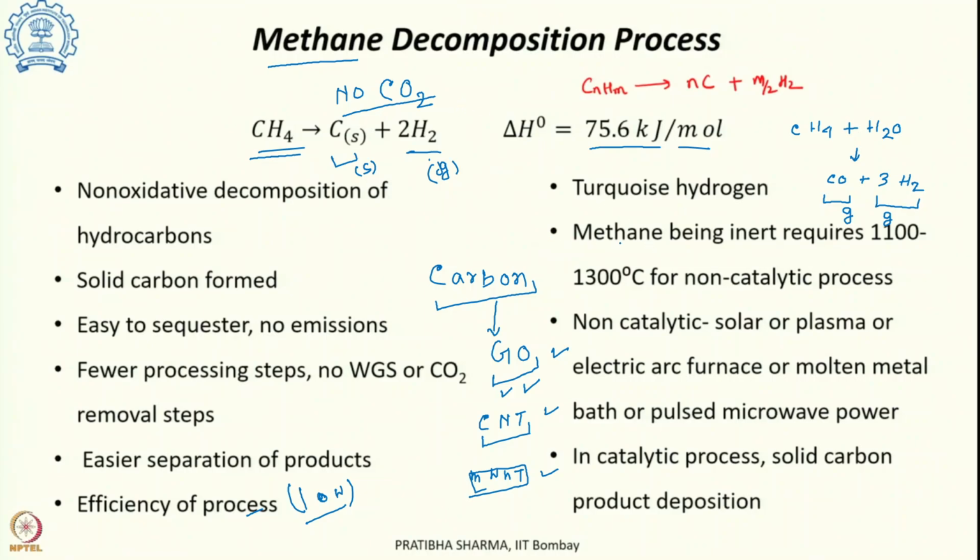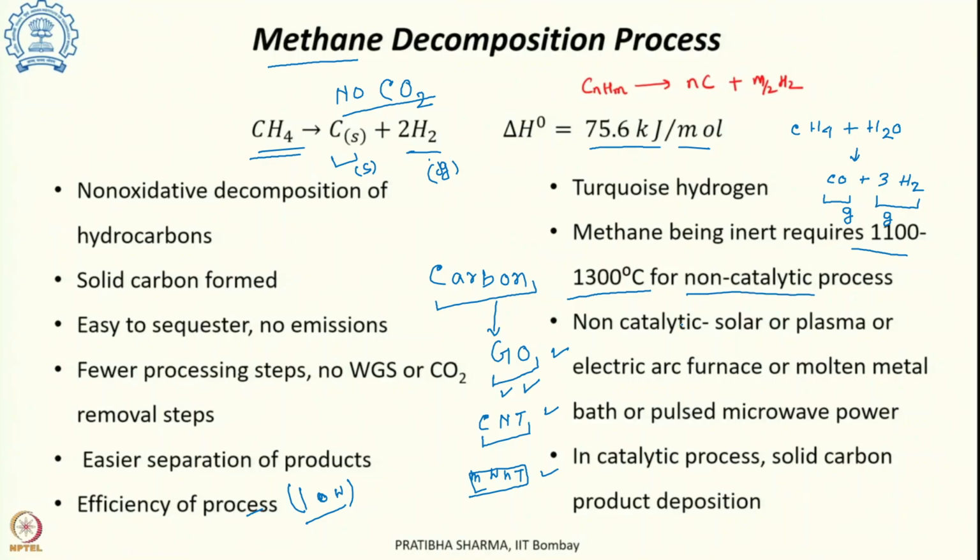In this process, we can use a catalyst or a non-catalytic process. If we don't use a catalyst, the reaction temperature is 1100 to 1300 degrees centigrade for the non-catalytic process.